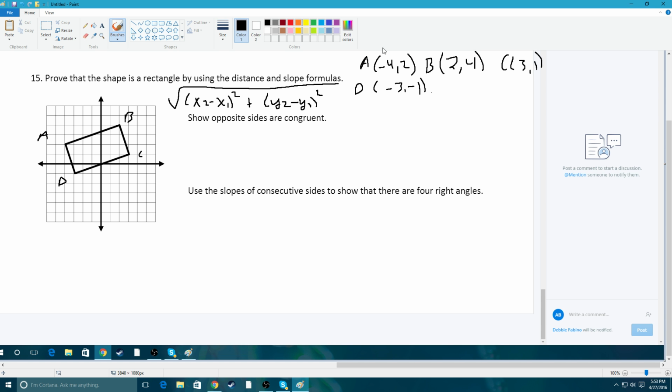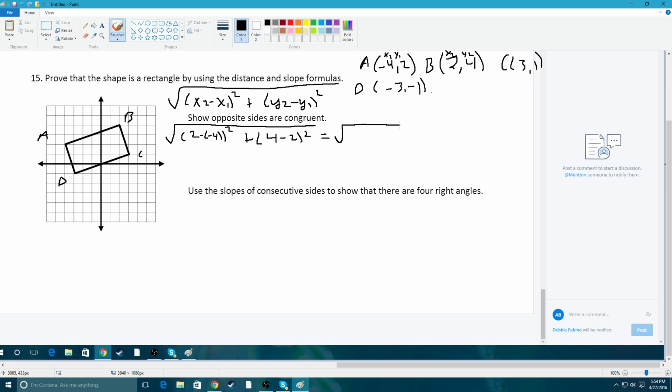So I'm going to start with AB. This is x1, y1, x2, y2. So this is the square root of 2 minus negative 4 squared plus 4 minus 2 squared.